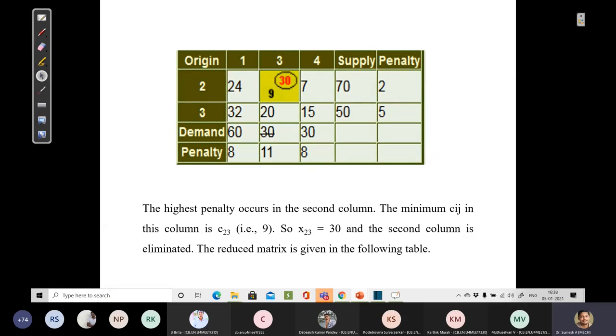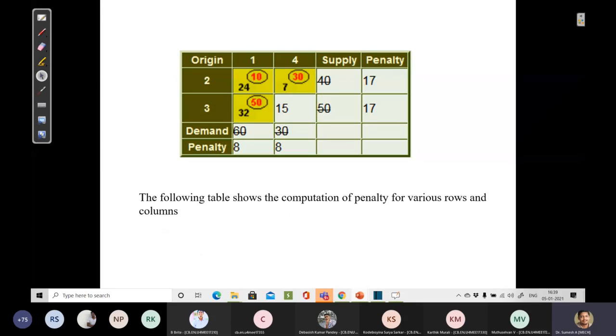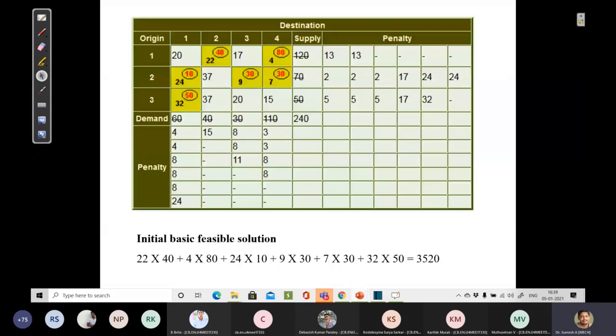So you can complete it. The basic feasible solution will come to a value of 3520. These are the penalties given for the various iterations, shown over here. You'll get the value as 3520 if you compute the calculations.